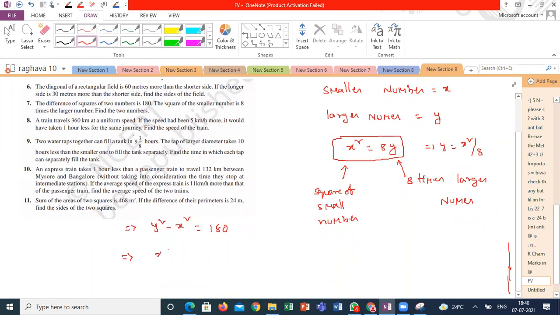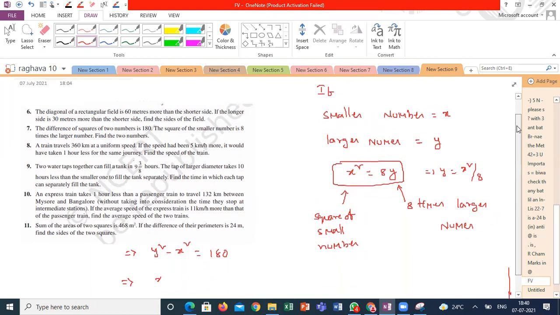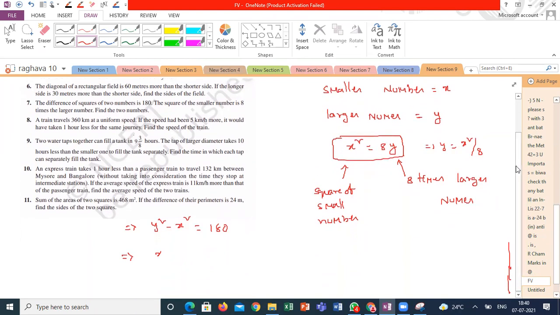Y square, I got y is equal to x square by 8. How to deal with this question, guys? It's better to take it in terms of y.